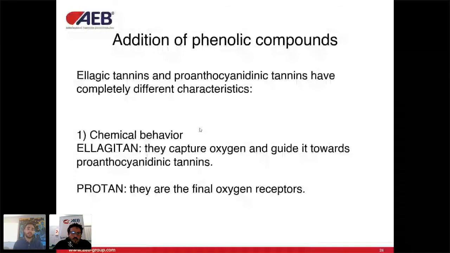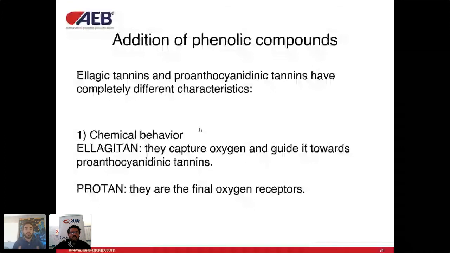In fact, Ellagic tannins and Proanthocyanidic tannins behave very differently, because the Ellagic tannins help to capture the oxygen and help create acetaldehyde. Then the acetaldehyde reacts with the Proanthocyanidic tannins, creating the complex and stabilizing the color.